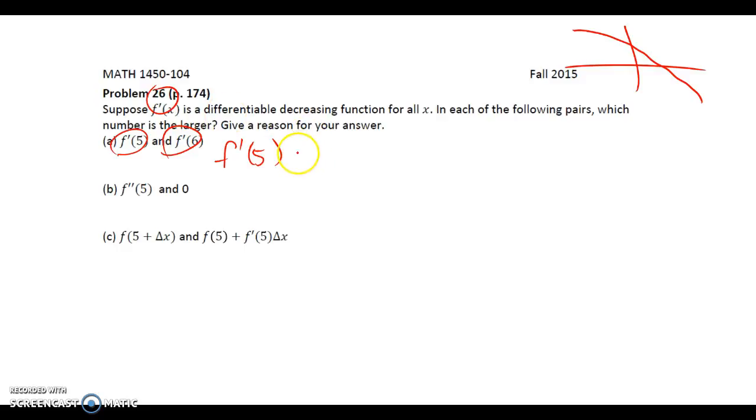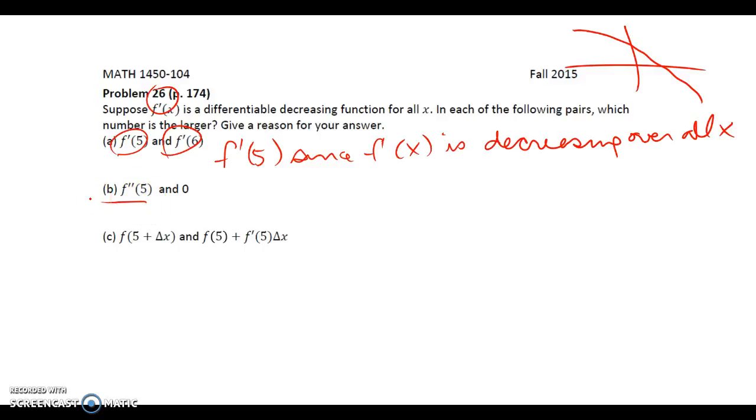I'm going to say, since f prime of x is decreasing over all x. Now, f double prime of 5 and 0.